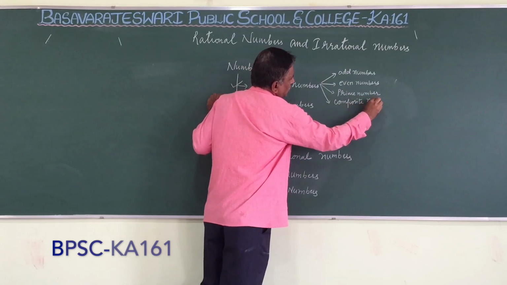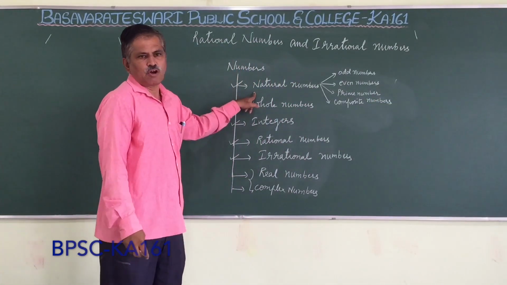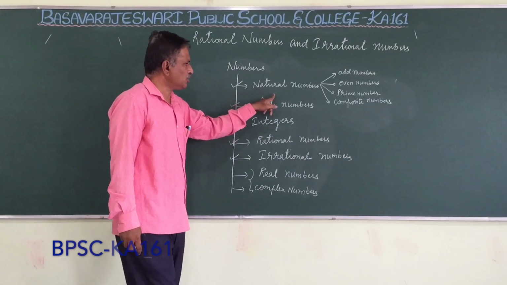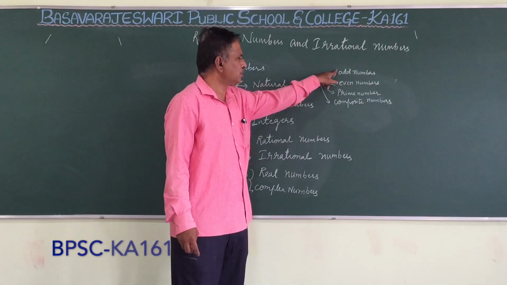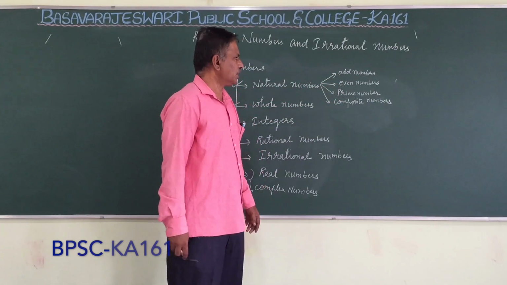Under natural numbers, you come across odd, even, prime, as well as composite numbers.